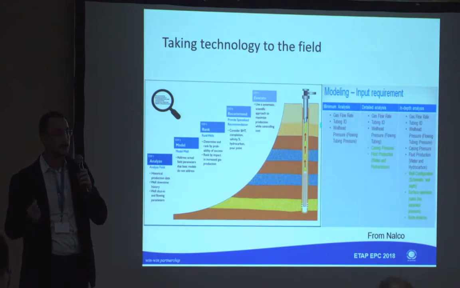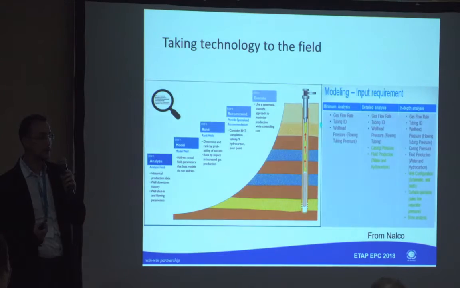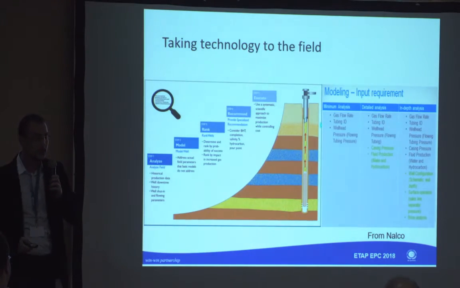You have to check that the foamer, when it breaks down, does not corrode your tubing and does not accelerate the corrosion of your facilities. All this is very important, because if you don't properly select your foamer, you may not get any results, but worse, you may damage or hinder your production.